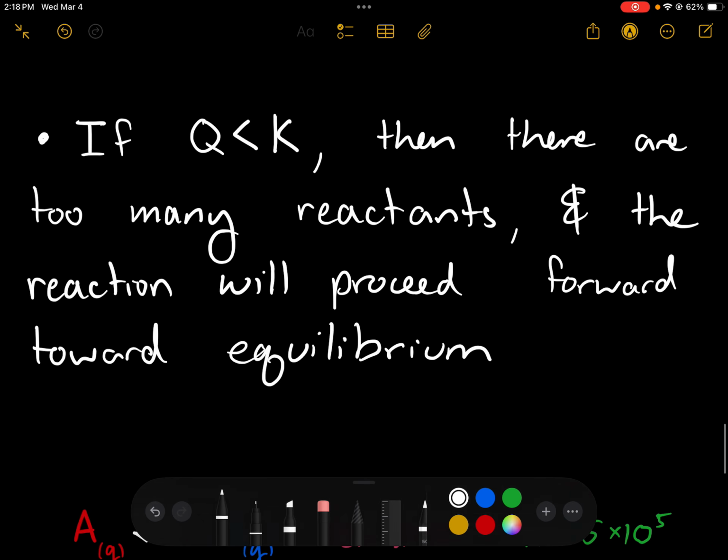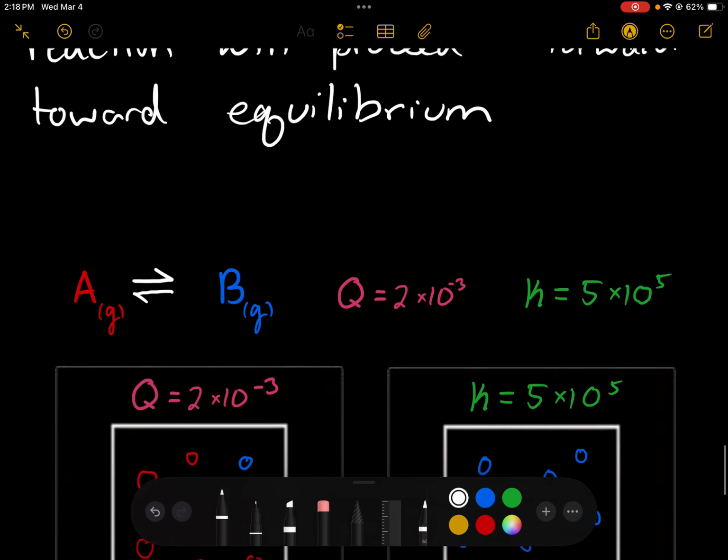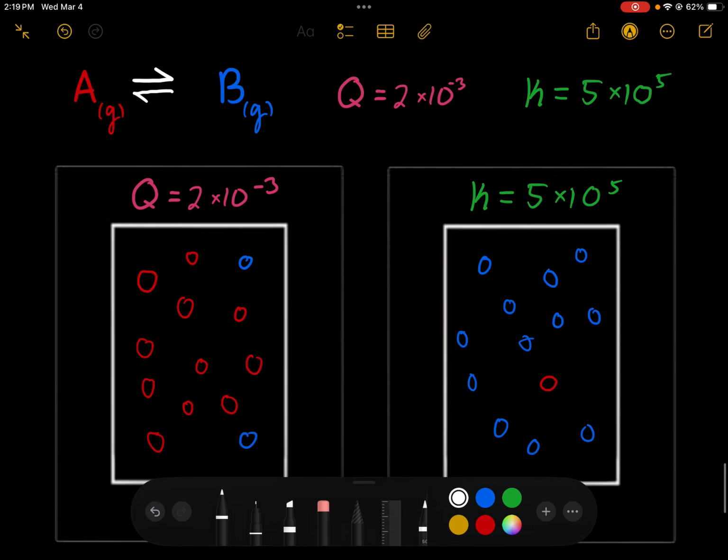Okay? If I have the opposite situation, if Q is smaller than K, then it means the opposite. That means that there are too many reactants and the reaction will proceed forward toward equilibrium. So again, let's visually look at that. This time, I'm looking at a Q value of 2 times 10 to the negative third, meaning, of course, that the Q value is small.